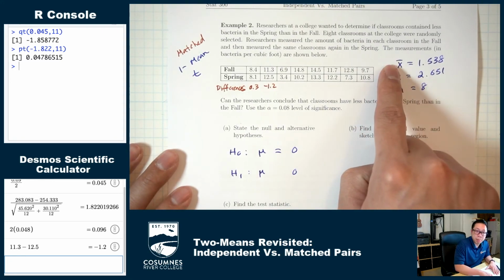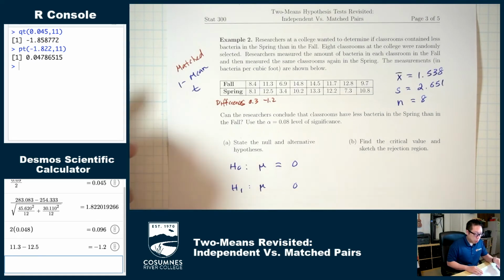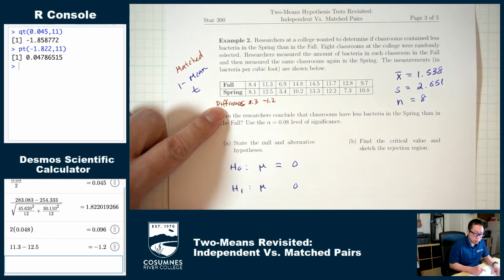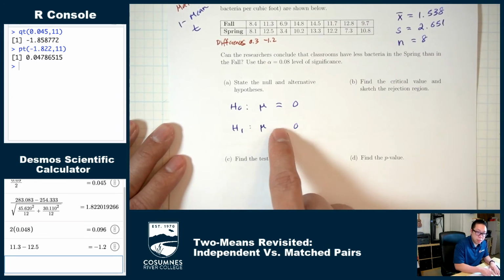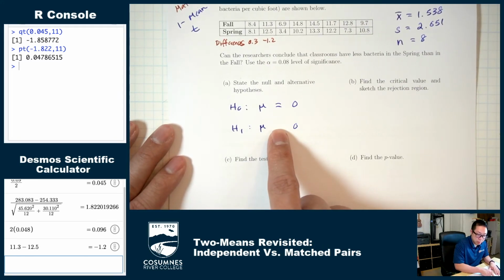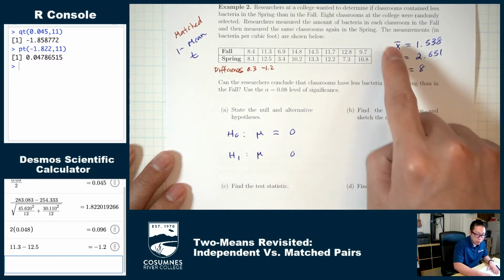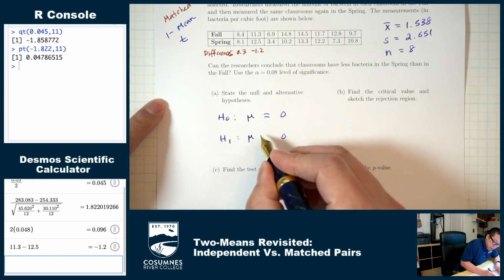If the mean ends up being negative, the symbol will probably be less than. Let me say that one more time. For match situations, enter the data, find the differences, and then find the mean of the differences. If it's positive, the symbol will probably be greater than. If it's negative, it will probably be less than. Here, 1.538 is positive, so it's probably going to be greater than.